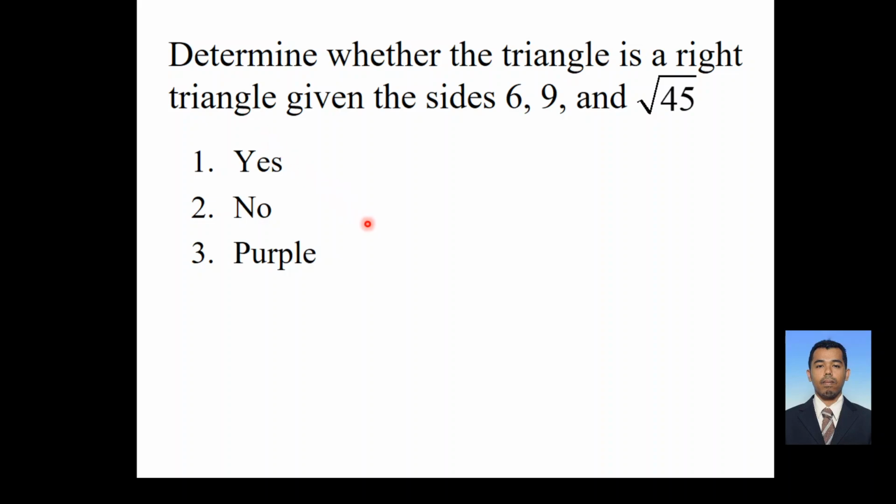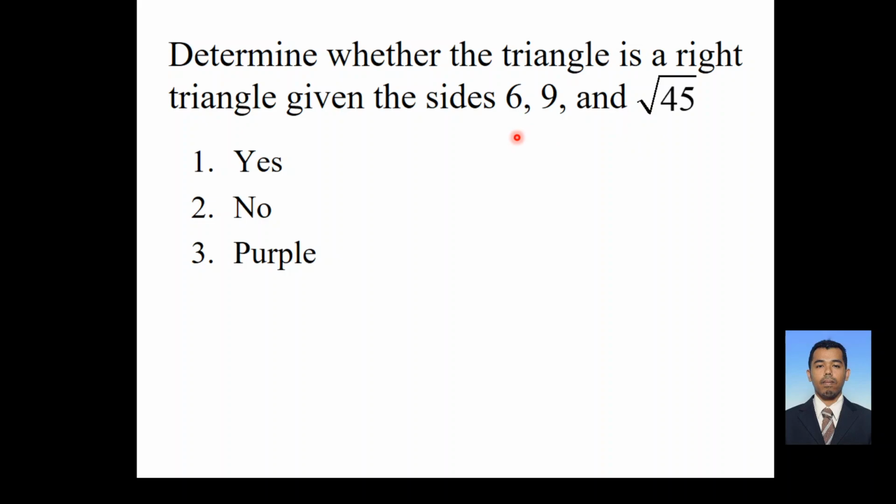Now for the last exercise, you can do it yourself by determining whether the triangle is a right angle triangle given the sides: 9, 6, 9 and square root of 45.